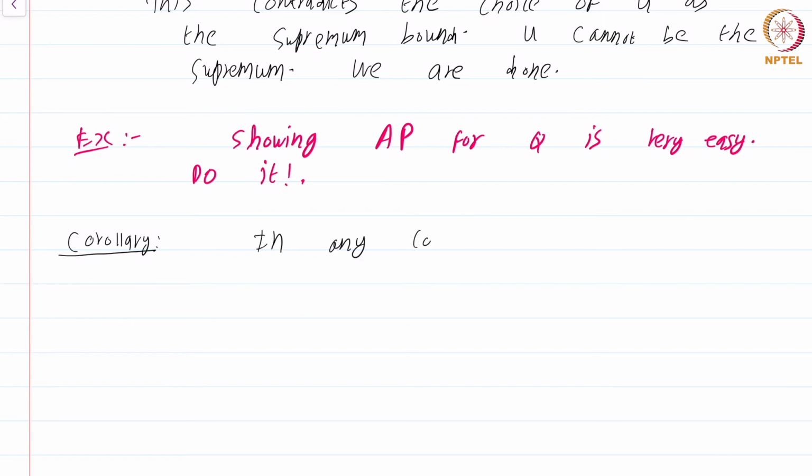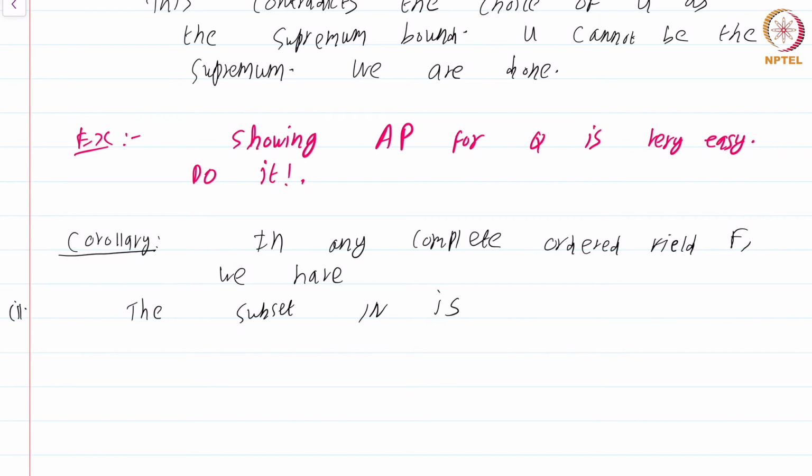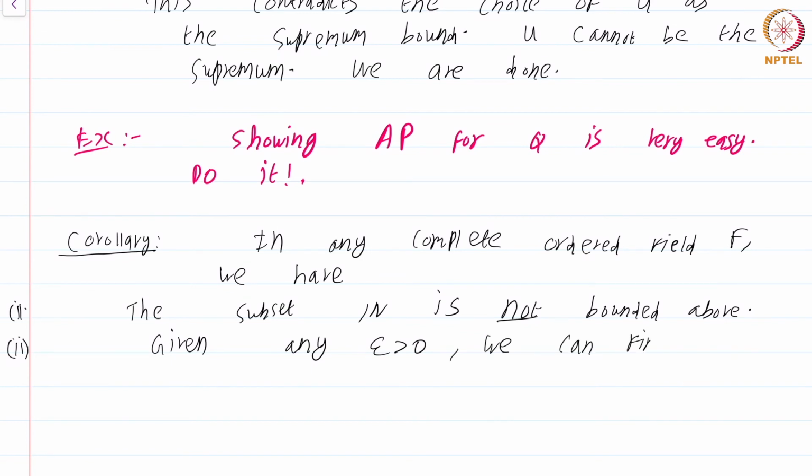In any complete ordered field F, we have, number 1, the subset N is not bounded above, and number 2, given any epsilon greater than 0, we can find n naught in N such that 1 by n is less than epsilon whenever n is greater than n naught.